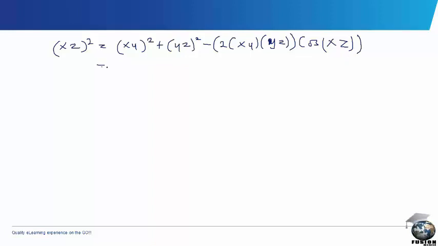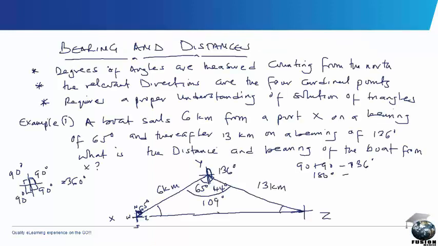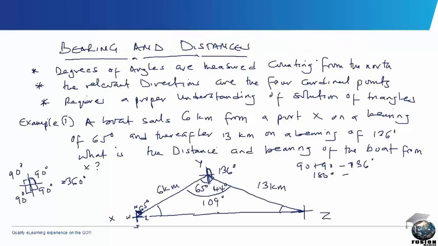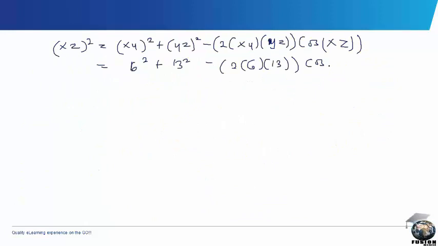So we have xy is 6 kilometers: 6 squared plus 13 squared minus 2 times 6 times 13 times cos 109 degrees. This is xz squared.